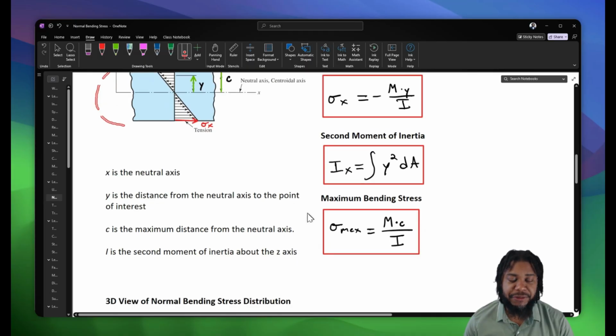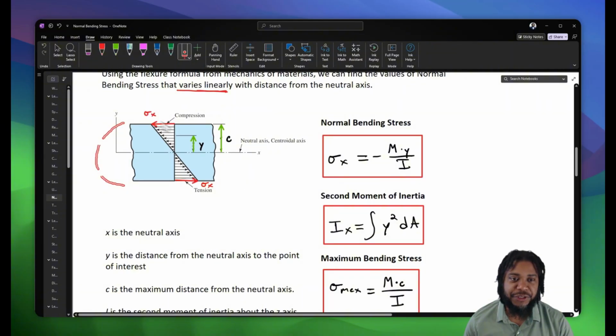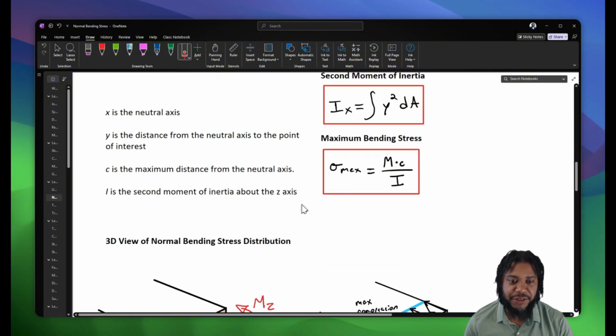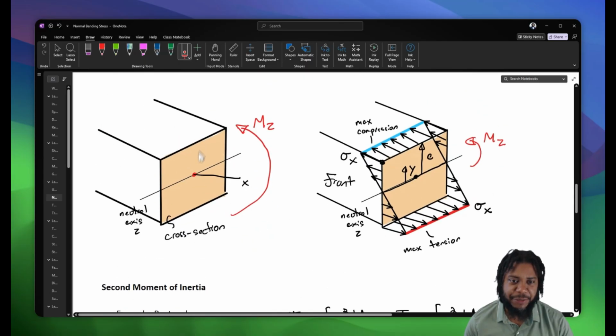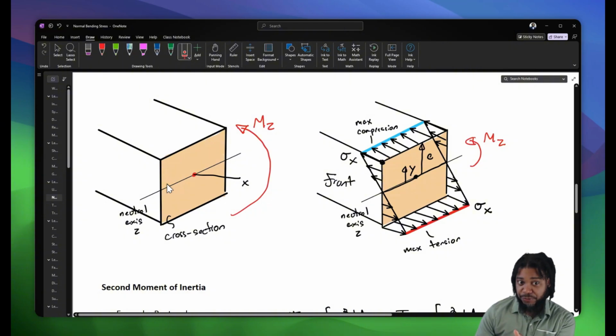So now we've got the 2D view of the stress, but let's look at a three-dimensional view of normal bending stress. We've got that same beam, but now we're looking in 3D.